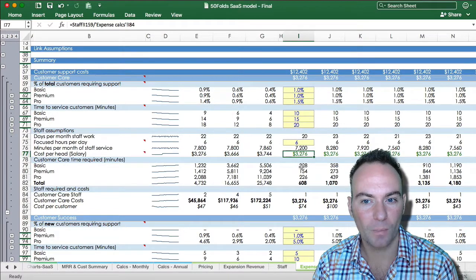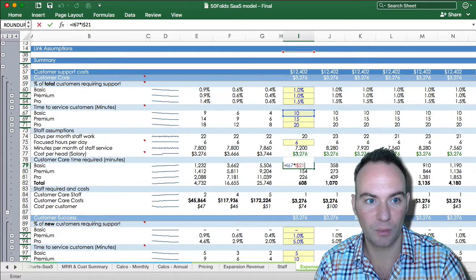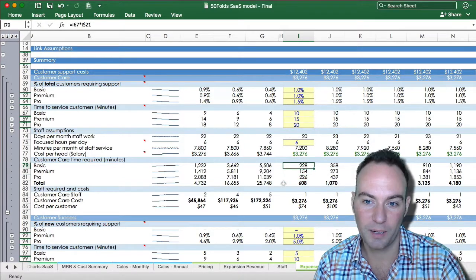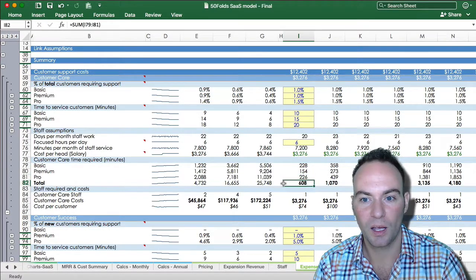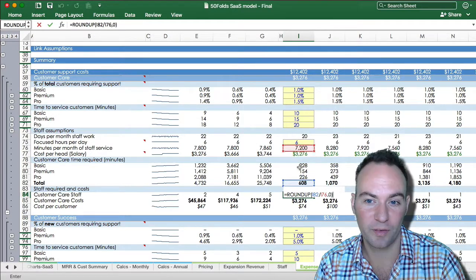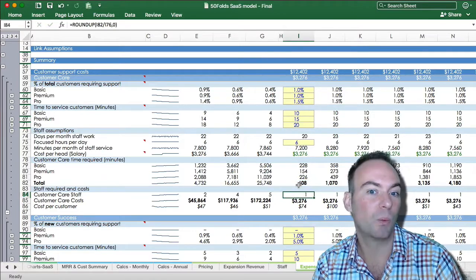Now, we multiply these out, and we know how much our Basic, Premium and Pro customers will be requiring customer care in terms of minutes. And that's 608. So if we divide the number of minutes your customer care people have by the total number of minutes required, we only need 1 staff.